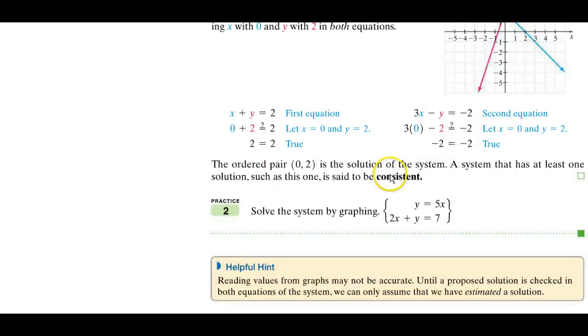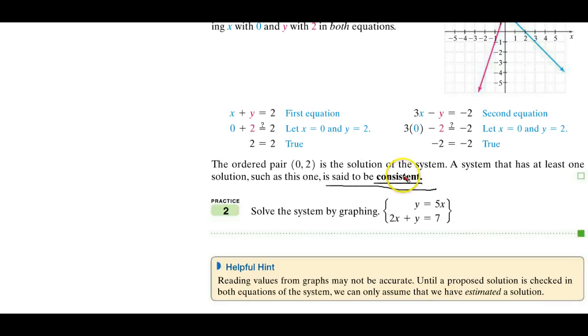One of the words we want to associate when there is a point of intersection, we say the ordered pair is a system solution. It has at least one solution. It is said to be consistent, if it has at least one.